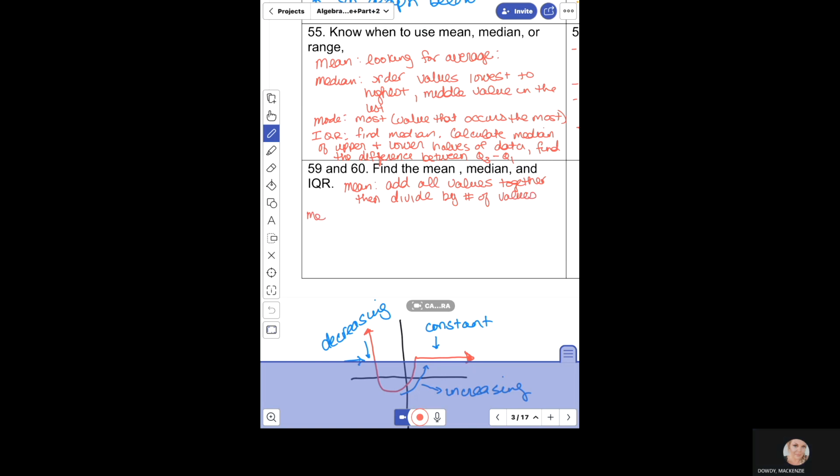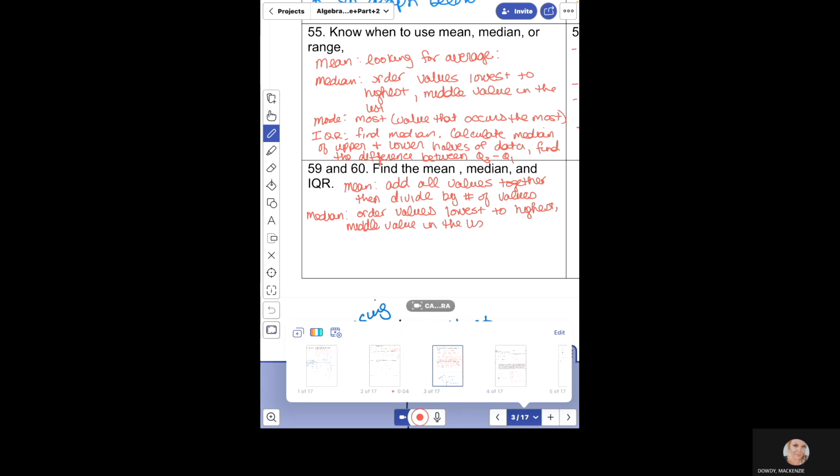Median: order the values from lowest to highest, the middle value in the list.